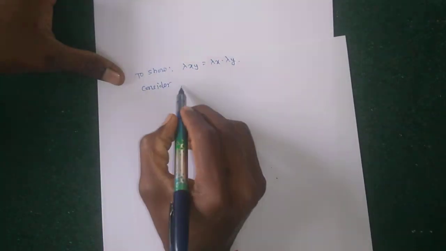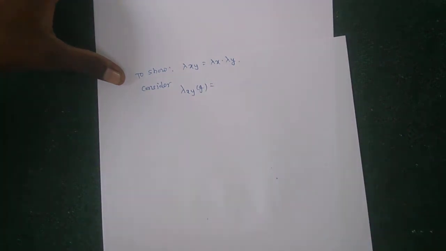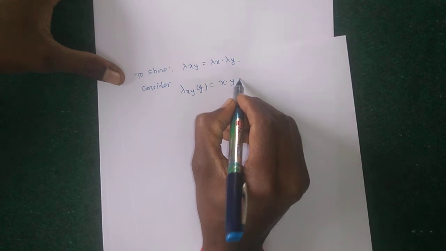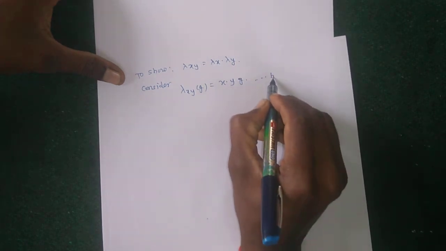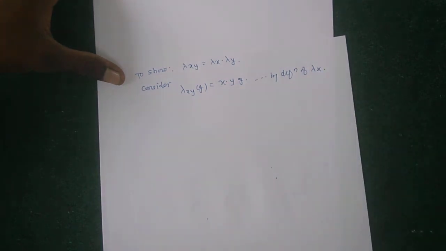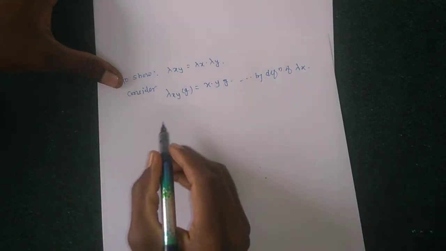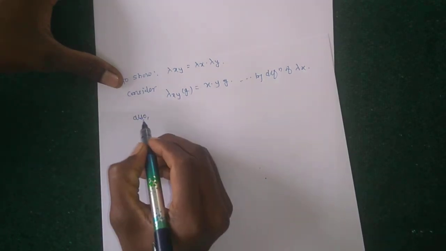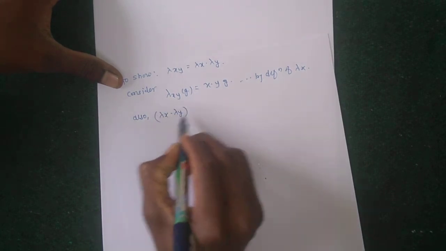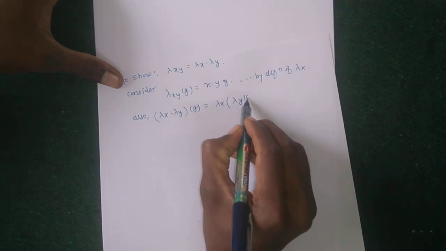Consider lambda of xy of g. Lambda of xy of g equal to xyg by definition of lambda xy. Also lambda x into lambda y, lambda x into lambda y of g.